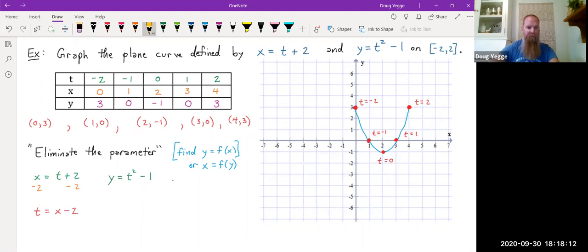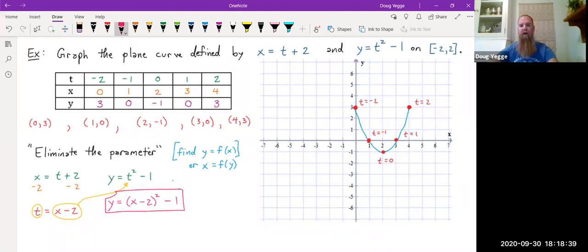Well, that implies that if t is equal to x minus 2, then I could replace the t in the other equation with x minus 2, which means we're left with y equals (x minus 2) quantity squared minus 1, which agrees with the function that we plotted over here on the right.